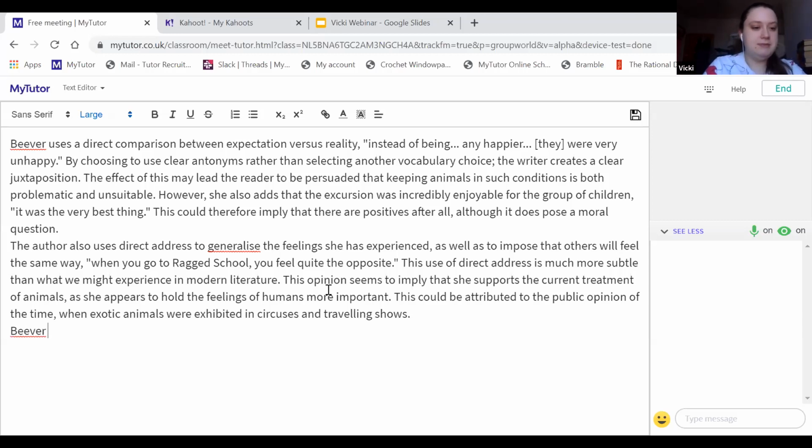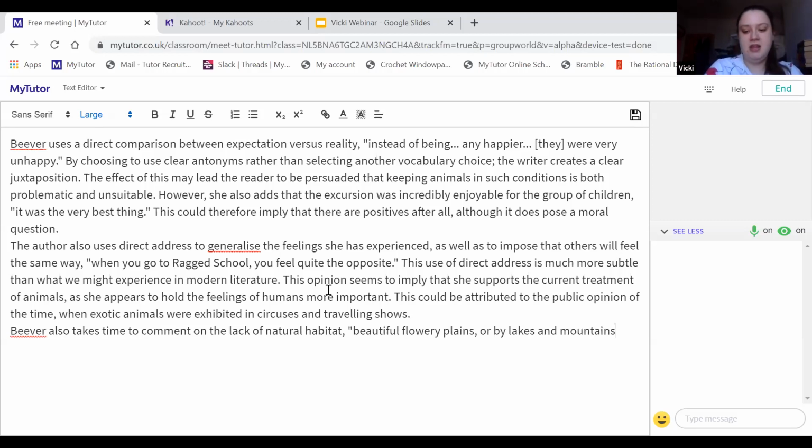Right, so last paragraph then. Beaver also takes time to comment on the lack of natural habitat. Beautiful, flowery plains, or by lakes and mountains. So notice that I don't always say Beaver uses a triplet.